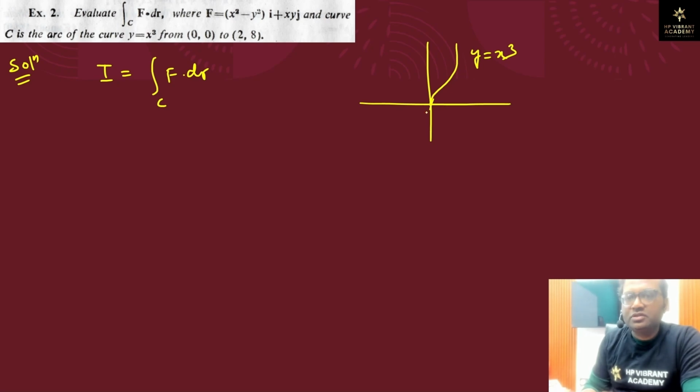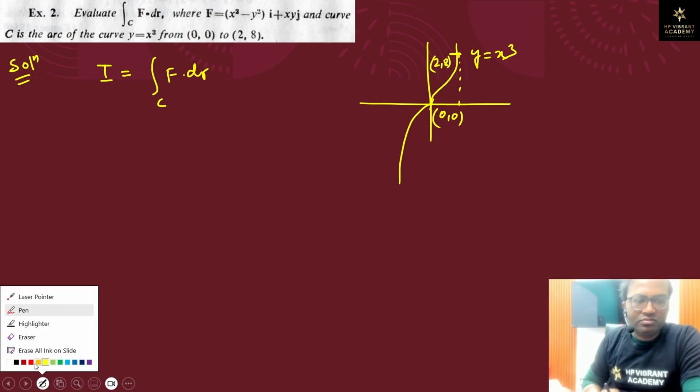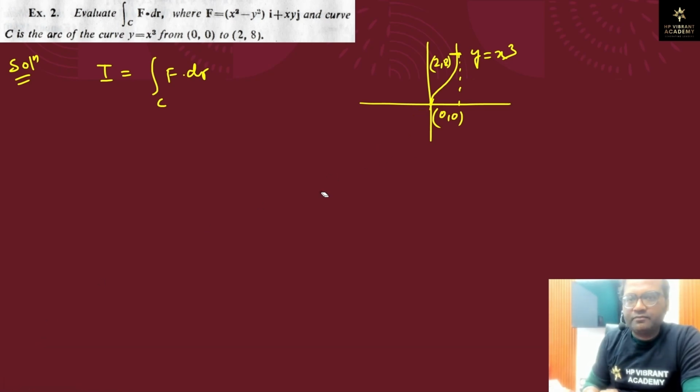This is the graph of y is equal to x cube. We have to take this from 0 comma 0 to 2 comma 8. The point 2 comma 8 will be somewhere here. Along this curve we have to evaluate the line integral.